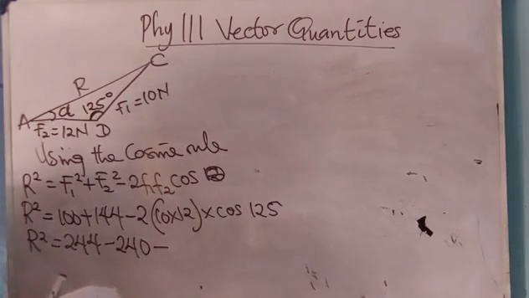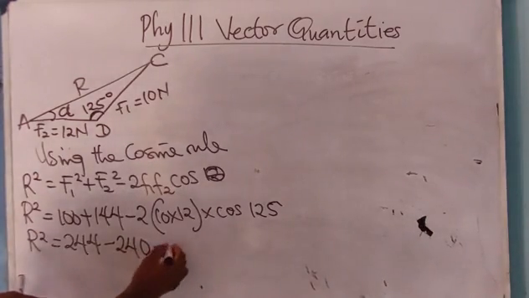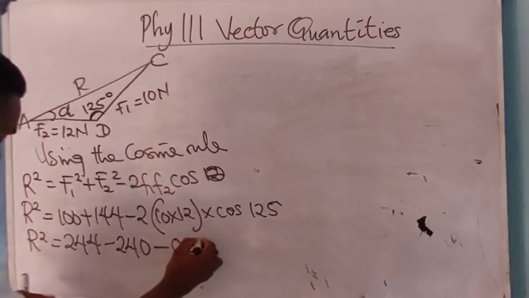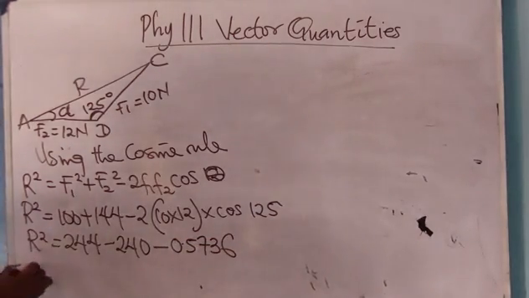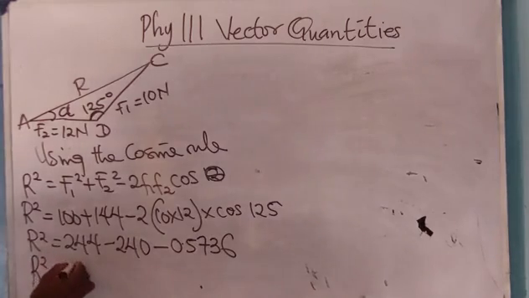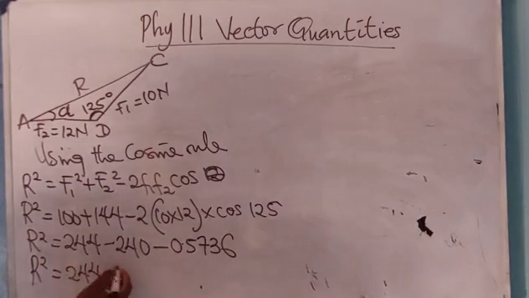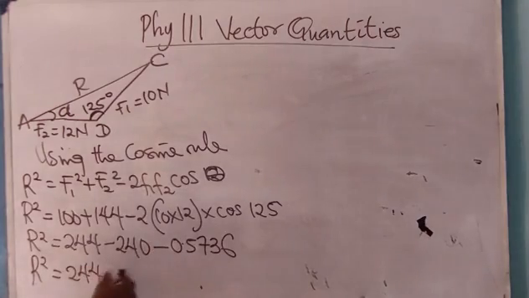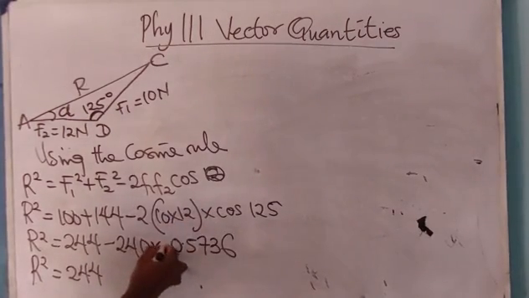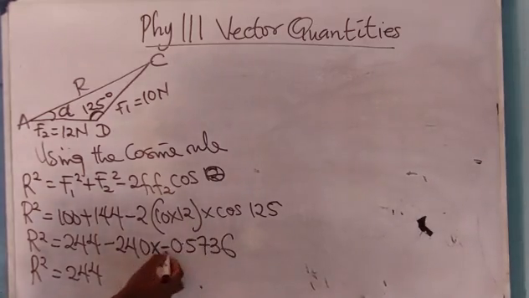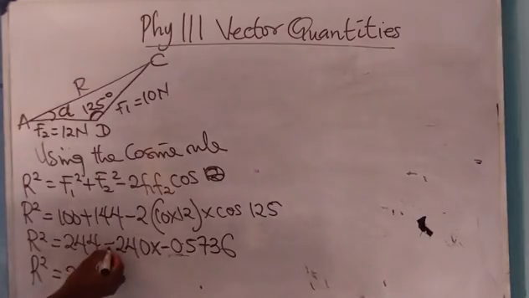Cos 125, I have minus 0.5736. All right. So R squared now equals 244. There's a minus here, and there's a times before the minus, and this is cos 125. So minus times minus is what?